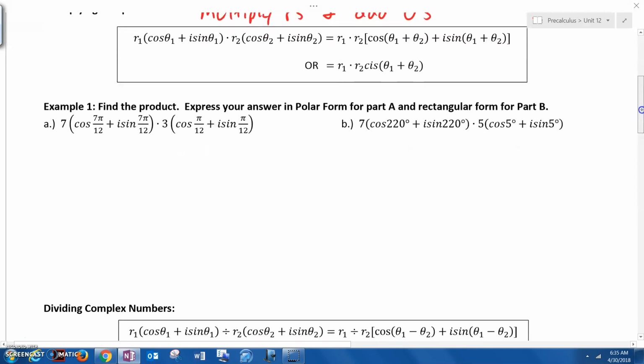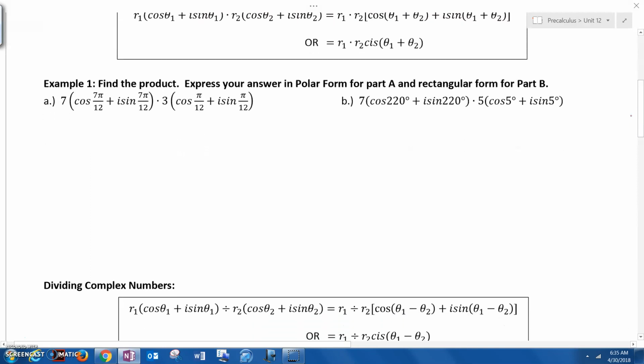Depending on what I ask you, you can either just leave it in the cis form after you're done, or you have to then do rectangular. For part A, let's leave it after we do the process, and for B, we're actually going to solve it. The r's are 7 and 3, so our answer when we multiply is 7 times 3, cis, the two angles added up.